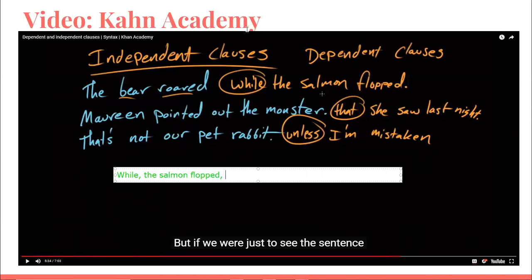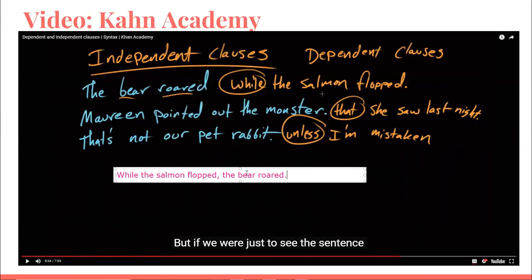And I'm going to change the color to pink. It's not going to let me do it for more than one piece of text. So there's that part. So while the salmon flopped, comma, we have the bear roared.